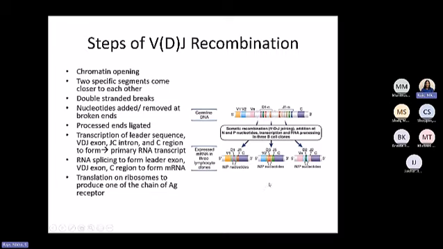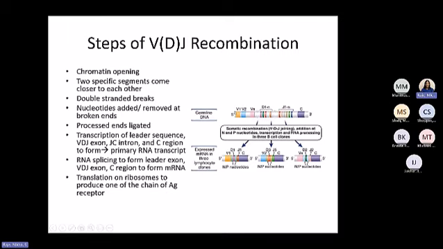Once that primary transcript has occurred, there is splicing of the RNA to form the final RNA transcript that's going to make the protein that gets translated on ribosomes. In this case, the protein is the antigen receptor chain. So it will make the beta chain in T cells, or the heavy chain in terms of the B cells, that is going to be produced at the end of this VDJ recombination.